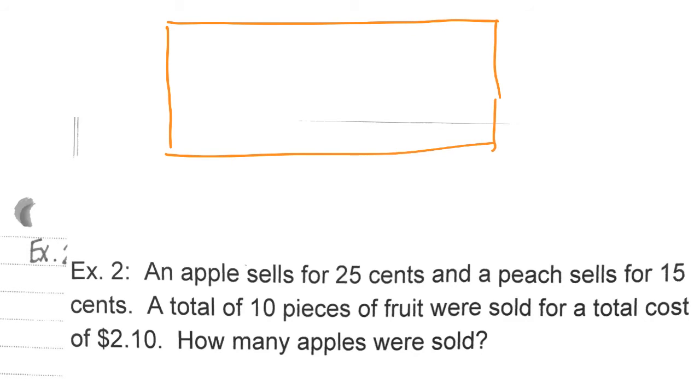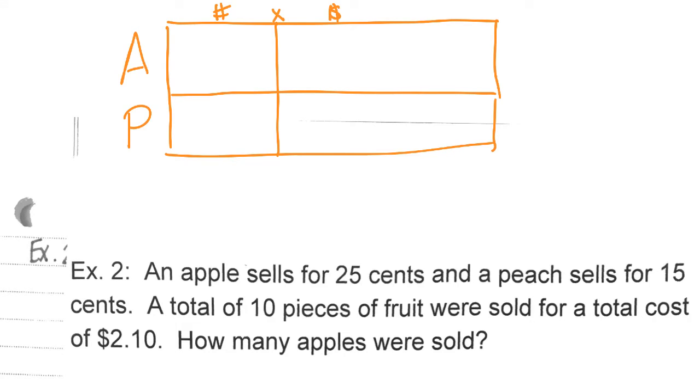And I know that I have apples and peaches. And remember, the number of apples or peaches times the price is going to equal the total. And the total boxes is what we always work with.